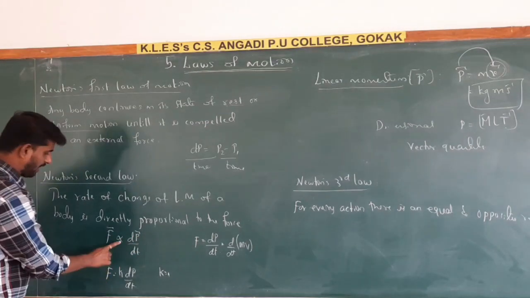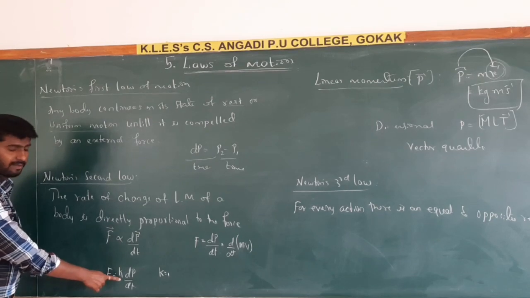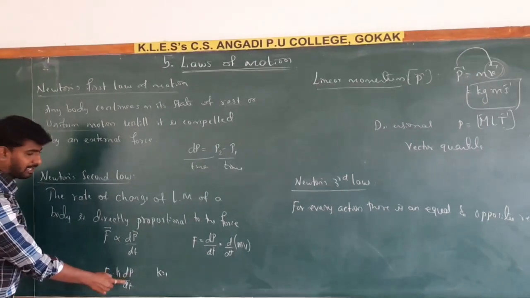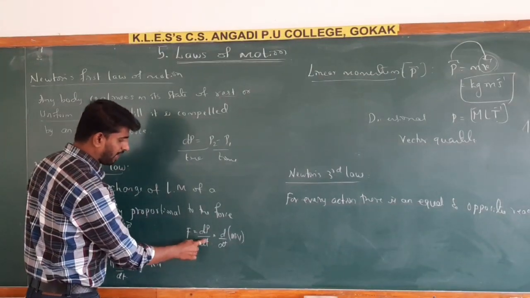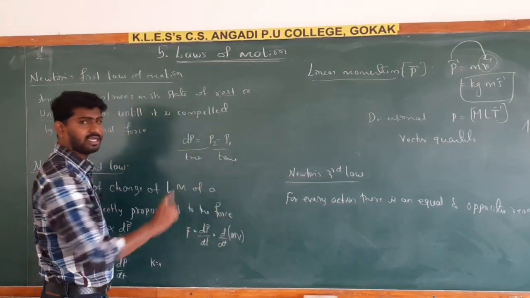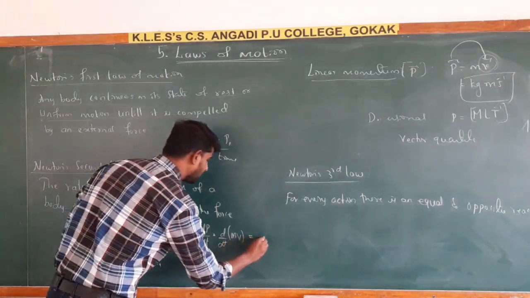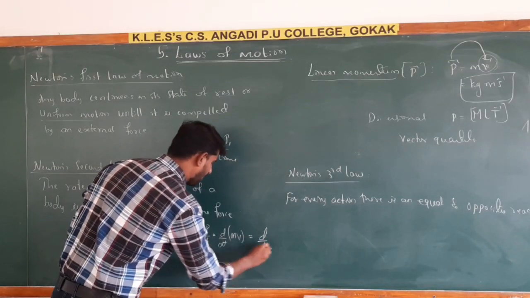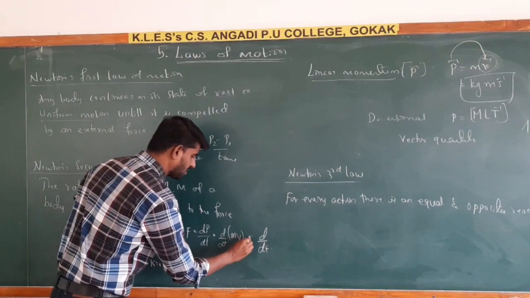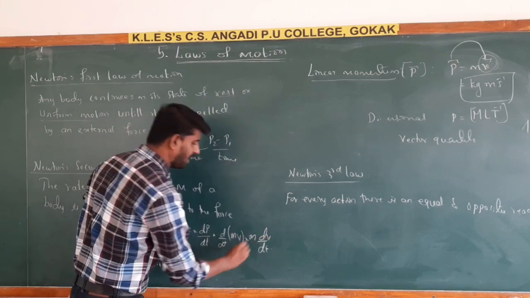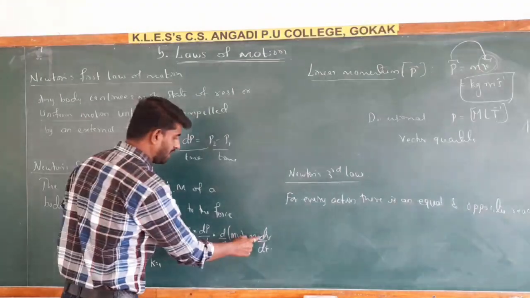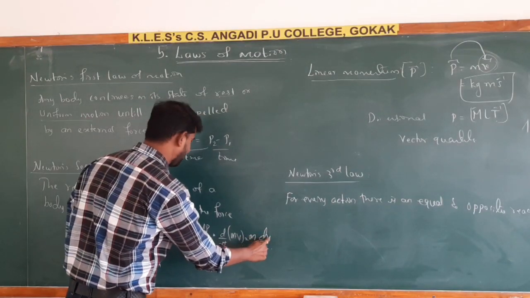Then I want to remove the proportion sign, so I have written k. F equal to k into dp by dt, so F equal to dp by dt. What's the p value? P is mv. Here mass is a constant term, it doesn't vary, so the mass of the body is the same, and the v is differentiated. d by dt of velocity is nothing but acceleration.